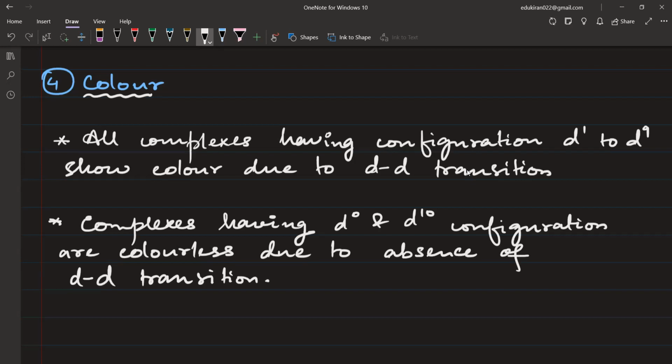Now, what is DD transition? There is a concept of DD transition when you are going to write about the complex structures, the coordination complexes.